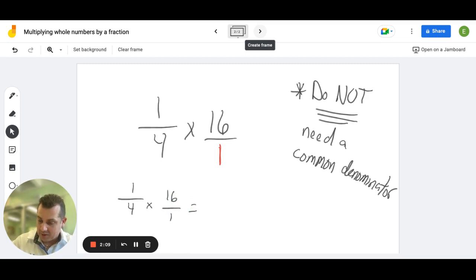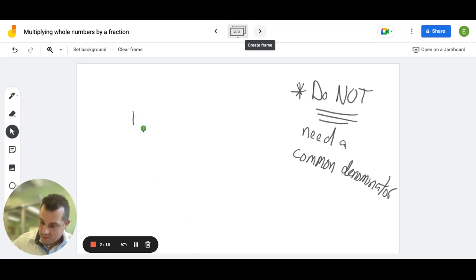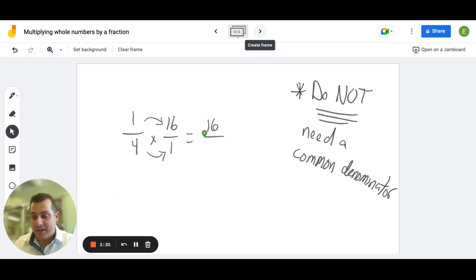I'm going to rewrite the whole thing. 1/4 times 16 over 1 equals, well, I'm going to multiply 1 times 16 and then 4 times 1. 1 times 16 is 16. 4 times 1 is 4. So my answer is 16/4, and now you must simplify.